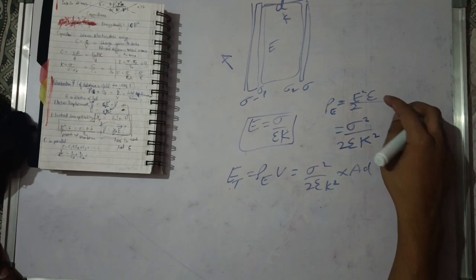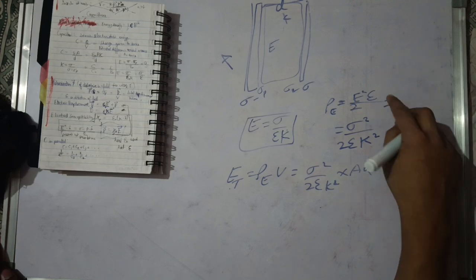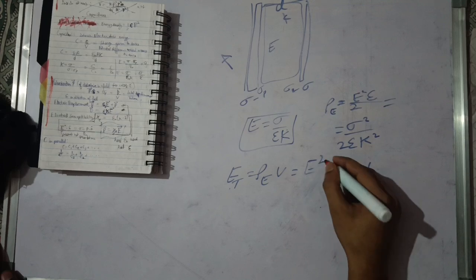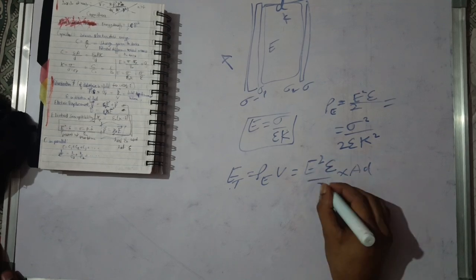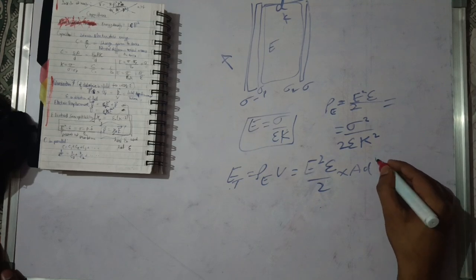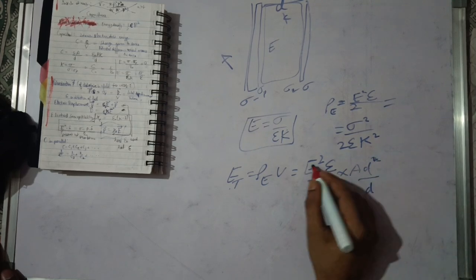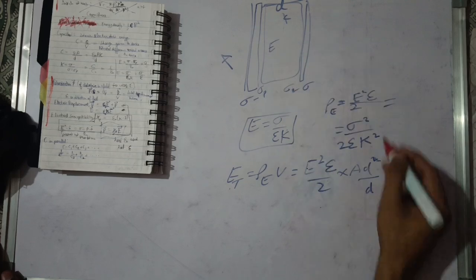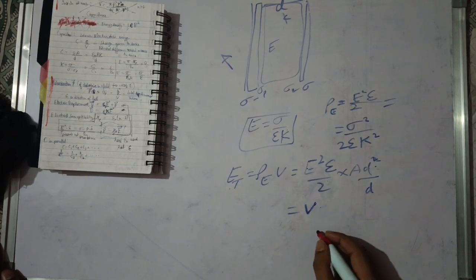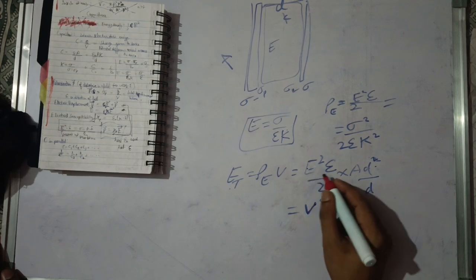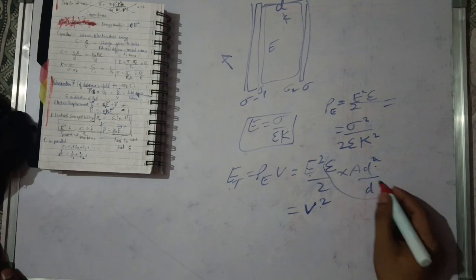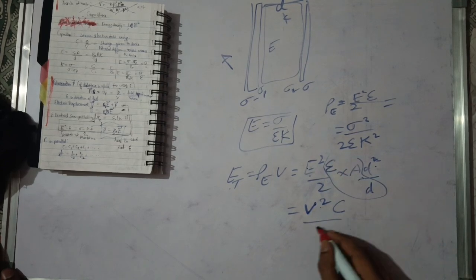If I multiply and divide by d, then electric field times distance becomes potential difference V. E into d is V, so E square d square is V square, and the remaining epsilon A by d is the capacitance, divided by 2.